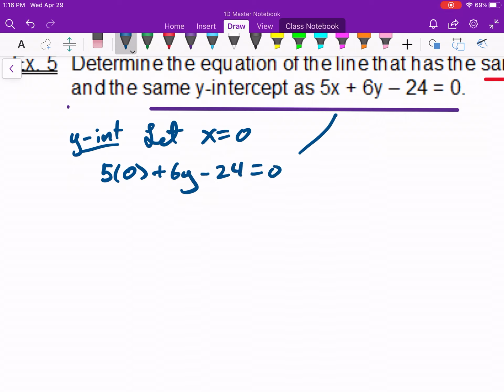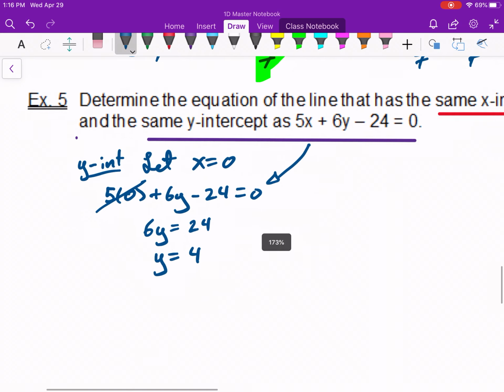That's just using this equation here after I've let x equal 0. And obviously 5 times 0 just goes away. I can bring the 24 to the other side and divide both sides by 6, and my y-intercept is 4.